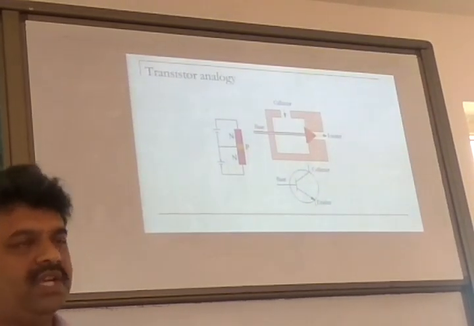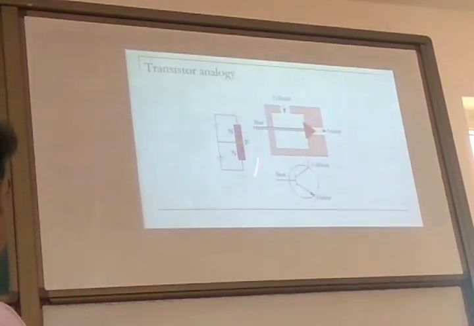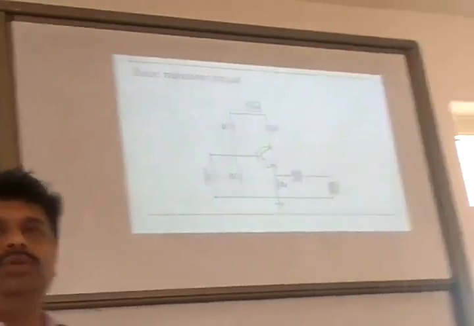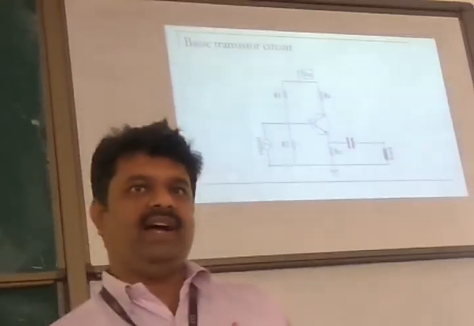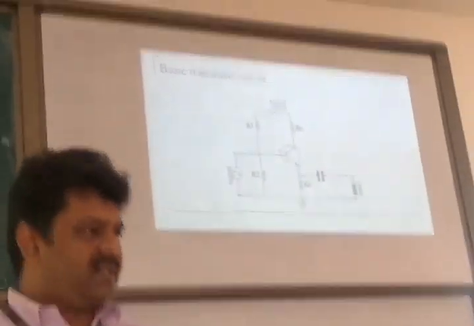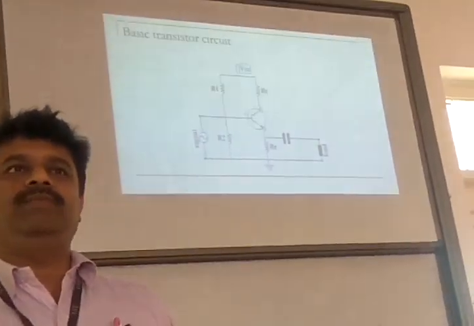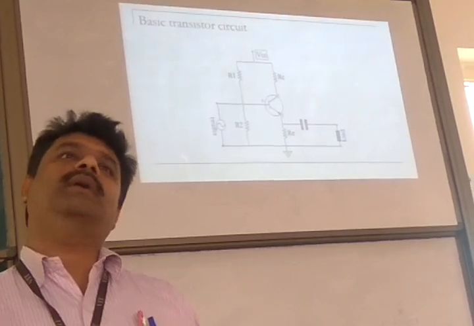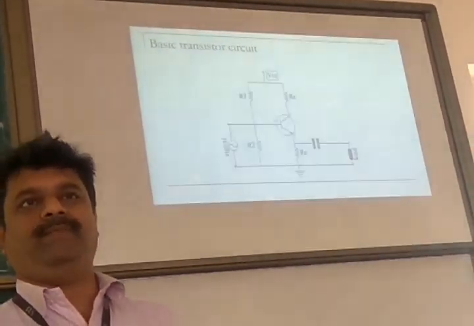That's the working of this. But the question is, how to use this device as an amplifier. This can be used as a switch, this can be used as an amplifier. But how to use this as an amplifier?